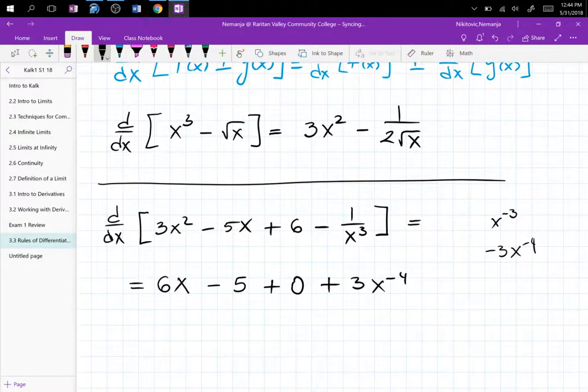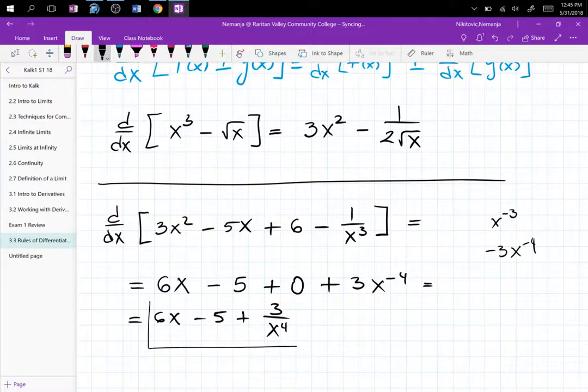And now we just rewrite all of this so it makes sense. So I have 6x minus 5, don't have to write the 0, plus 3 over x to the 4th power. And that would be the derivative.